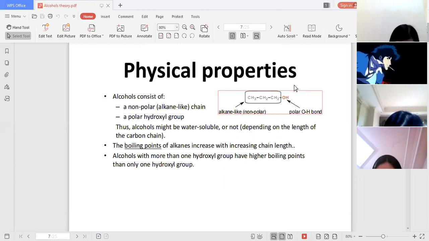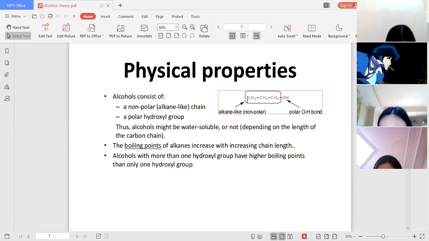Thus, alcohols might be water soluble or not, depending on the length of the carbon chain.